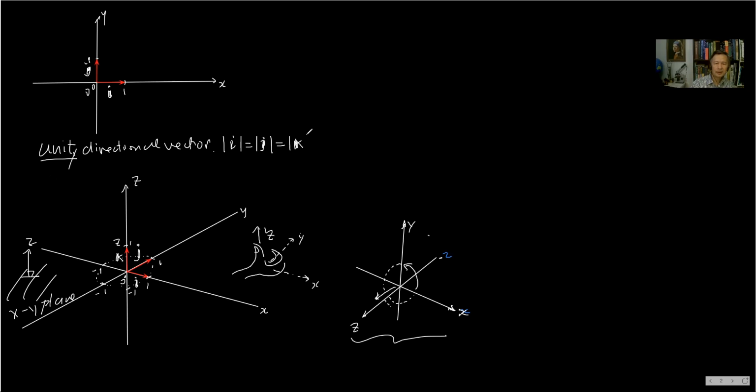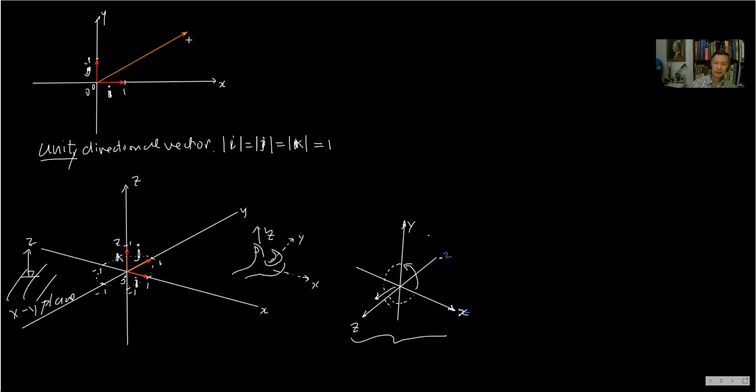The amplitude of each of these is always equal to 1. For any vectors, we discussed two vectors in the first example, we can always use a combination of these three, or in 2D, we can use the two directional vectors to work out this vector.